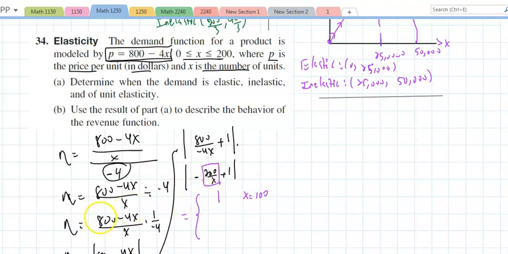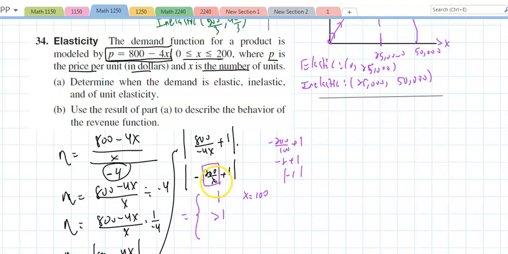If I want this to be bigger than 1 in absolute value, again think about it. At 100, negative 200 over 100 plus 1 is negative 2 plus 1, which is negative 1, absolute value 1.